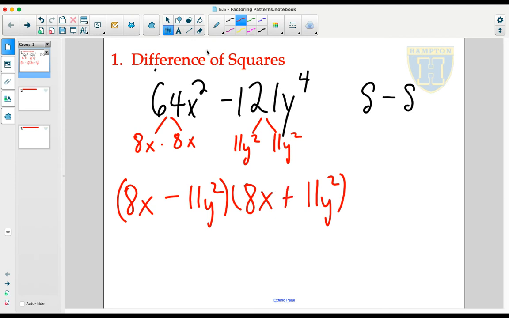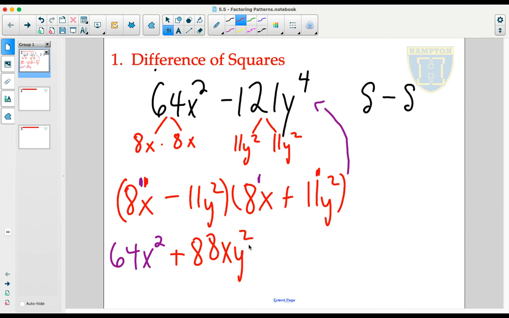If you're thinking about foiling and multiplying out these binomials, and seeing that you get back to where you started, 8x times 8x is 64x squared. 8x times 11y squared is 88xy squared. 11y squared times 8x is minus 88xy squared.